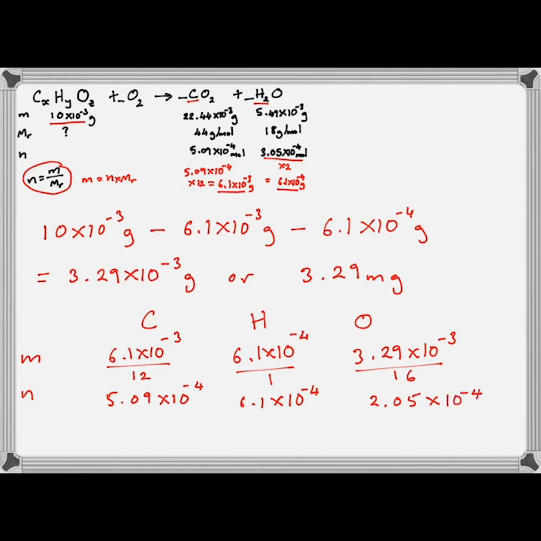This simplifies fairly easily, because they're all times 10 to the minus 4, to a ratio of approximately 5 to 6 to 2. From this, we can work out that our empirical formula for CxHyOz must be C5H6O2.